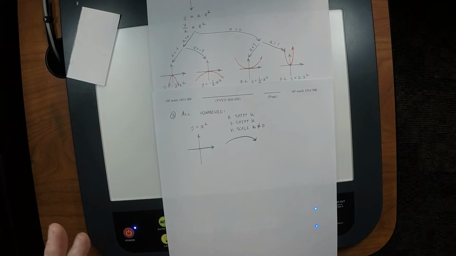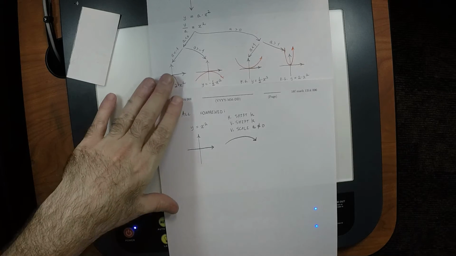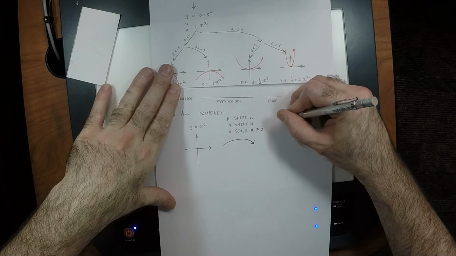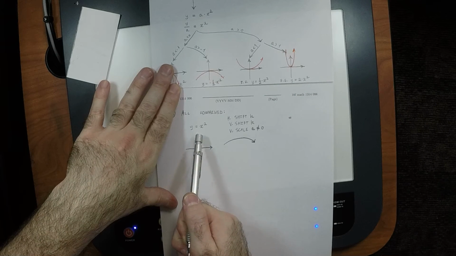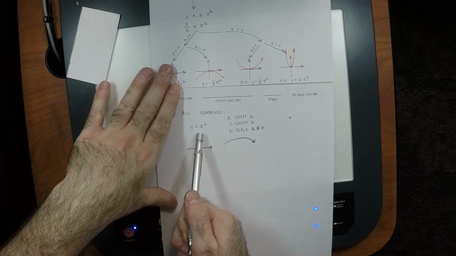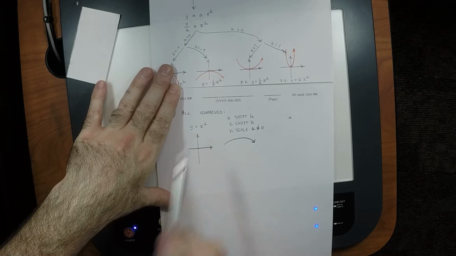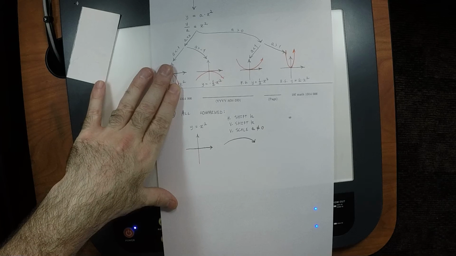So if we do all of that, then the equation becomes, well, what does x become? x becomes x minus h.